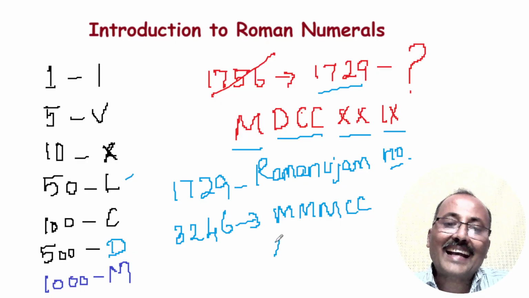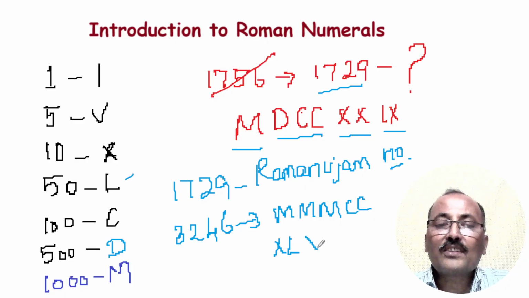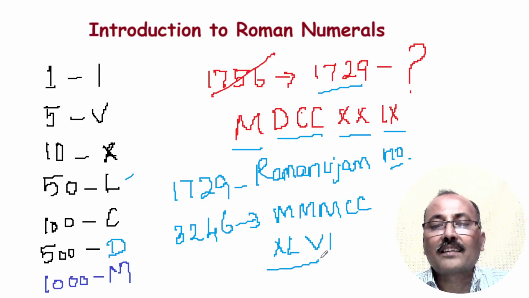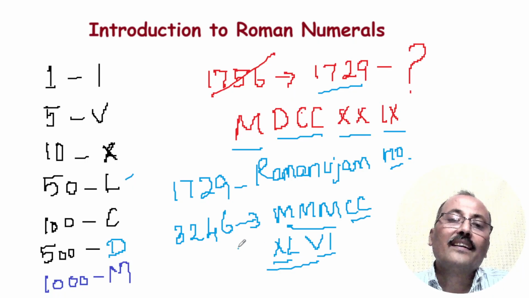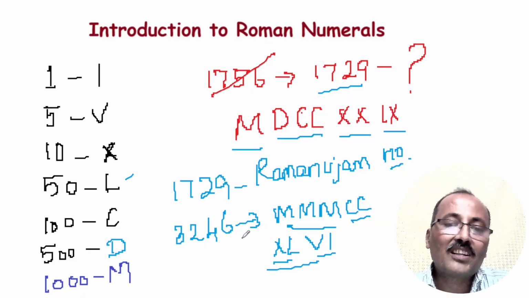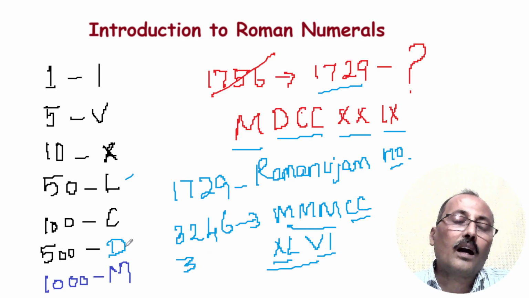No. XL for 40. Then 6 means VI. That's all. 3246. Okay, now there is a limitation. We can't use 4 M's. So how many M's can you use? Maximum 3.